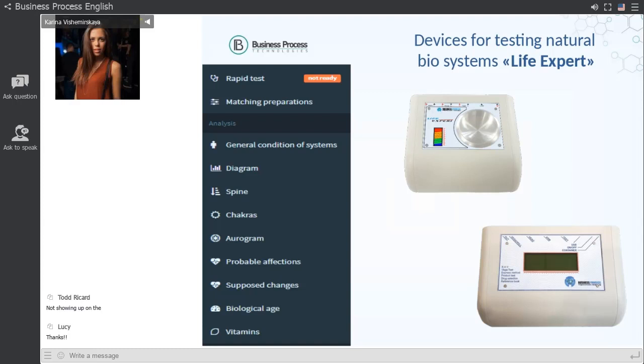So basically this is almost the same as the diagram of 47 organs and systems, but on the spine, because we know that everything is connected in our body. The operation of our organs and systems can influence our spine. And the opposite, if we have a disc displacement, it can influence our organs and systems which are connected to this disc. Everything is connected.